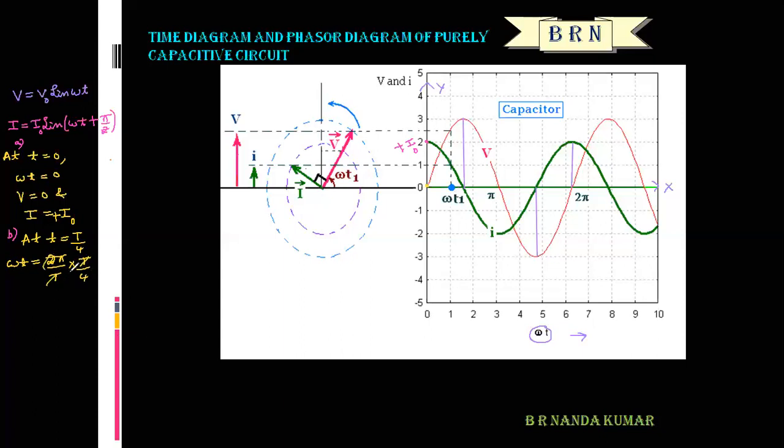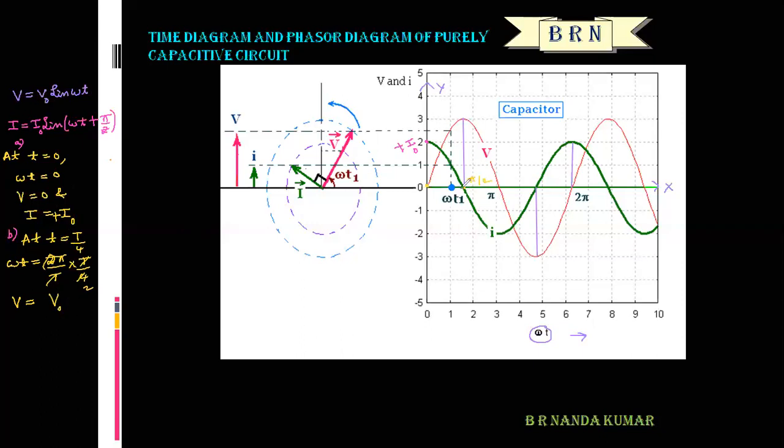T cancels, and 2 into 4 gives pi by 2. So the voltage at time t equal to T by 4, with omega t equal to pi by 2, is V equal to V naught sine pi by 2. Sine pi by 2 is 1, so V is equal to V naught.